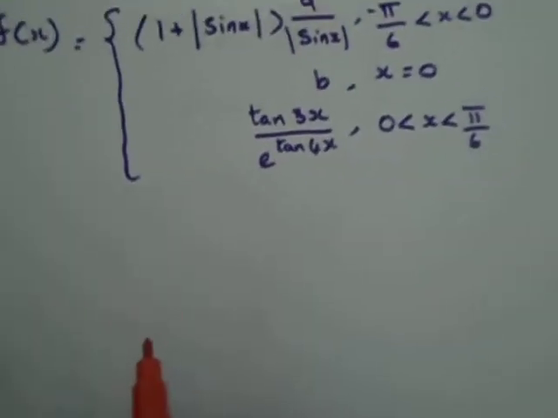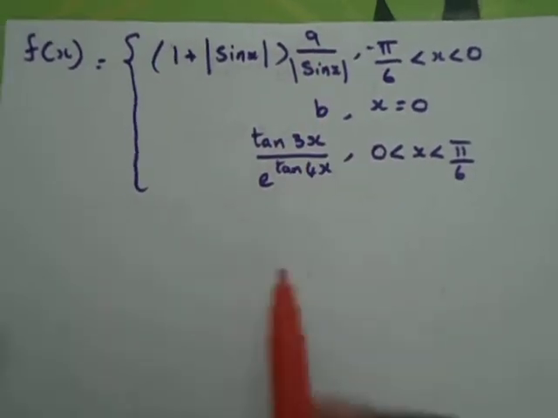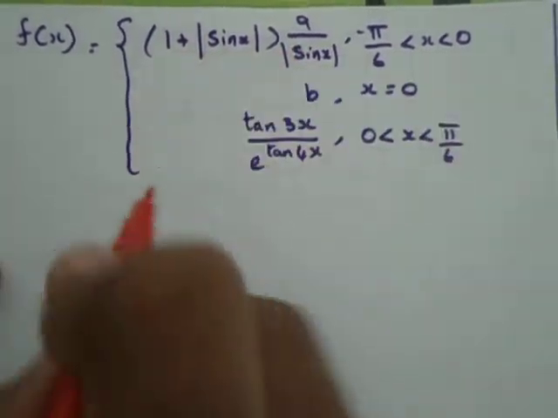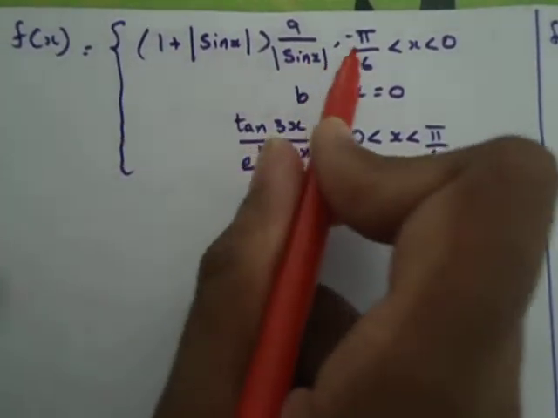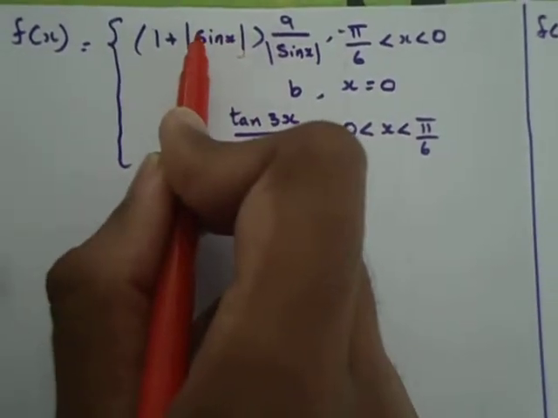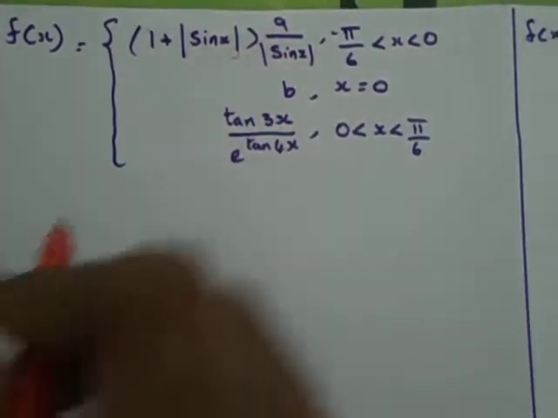In this question also, the function is given to be continuous. We have to find a and b. So first let's simplify this modulus function. We know that whenever x is negative, sin x is negative, which means this becomes 1 minus sin x and this becomes minus sin x.